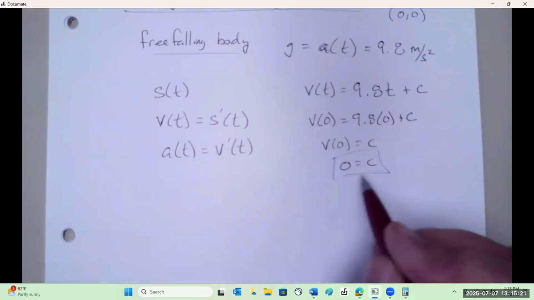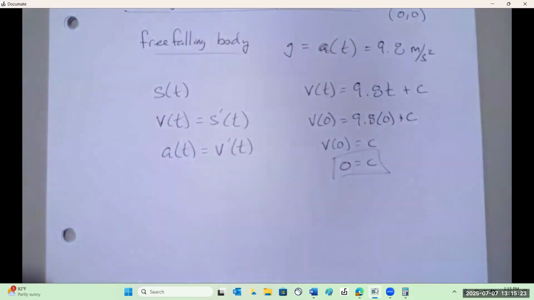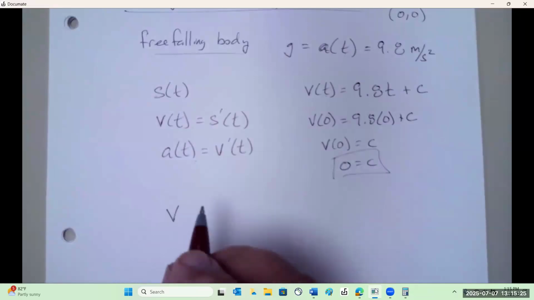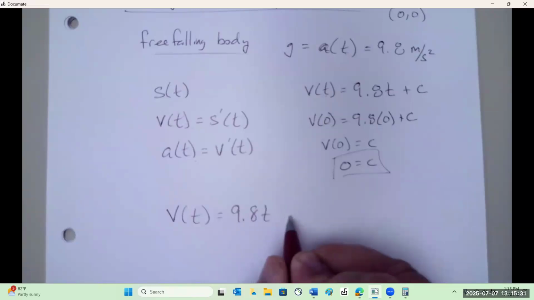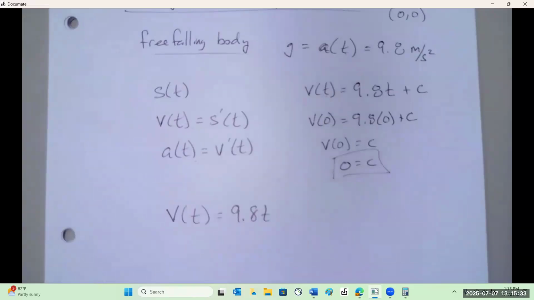So our constant is 0. So that means our velocity function is 9.8 t. It's 9.8 meters per second times time. Okay, so that's the first one.